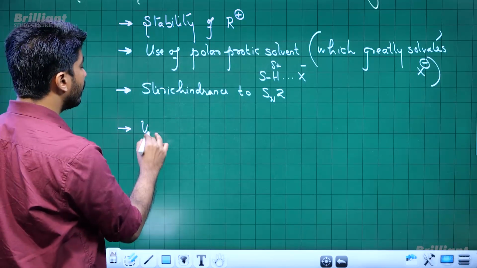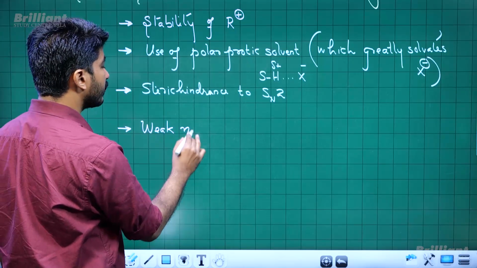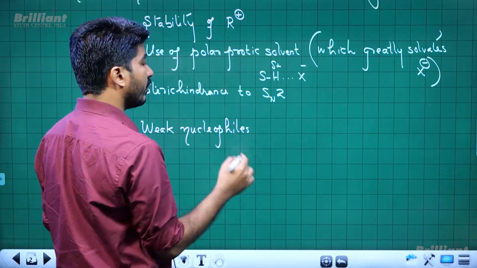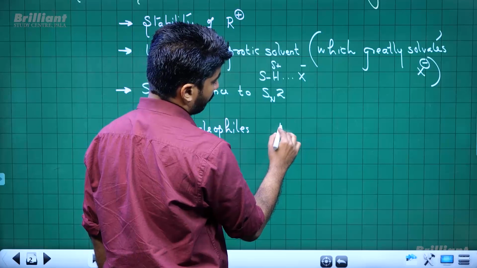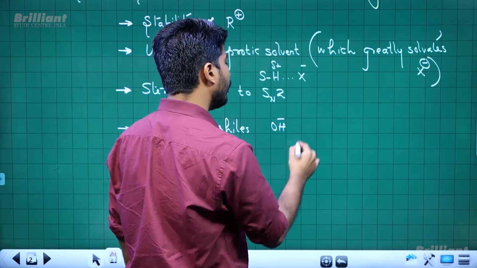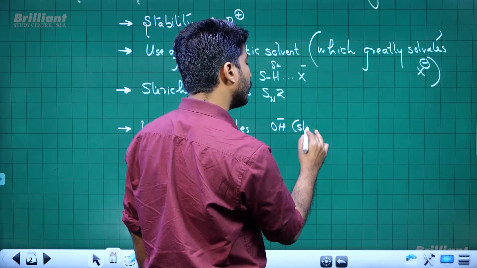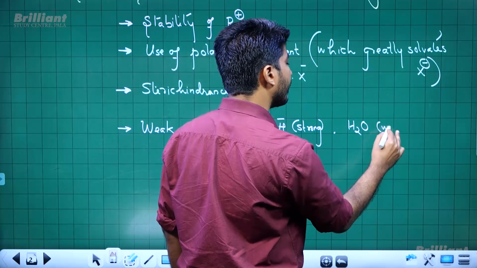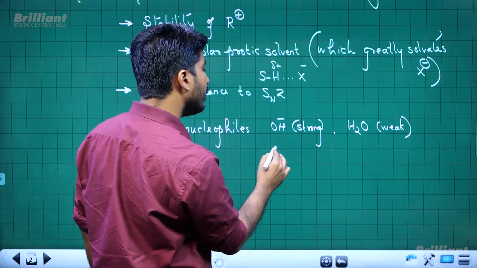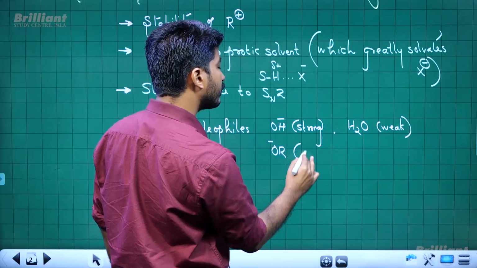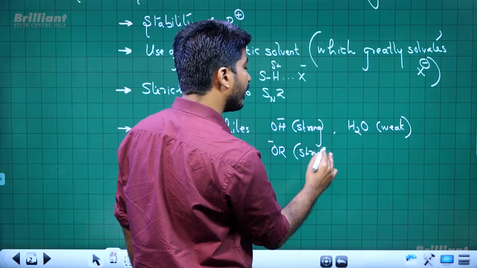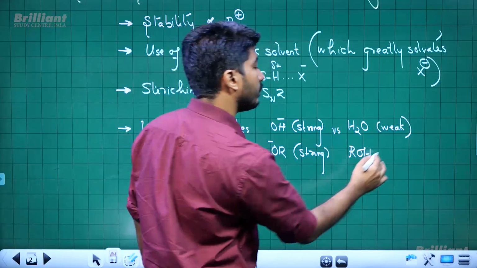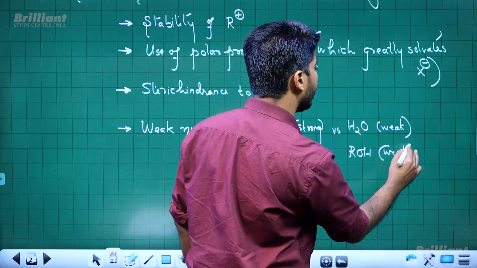And finally, weak nucleophiles. For example, OH minus is a strong nucleophile, H2O is a weak nucleophile. Similarly, OR minus alkoxide ions are strong nucleophiles, and the protonated form ROH is a weak nucleophile.